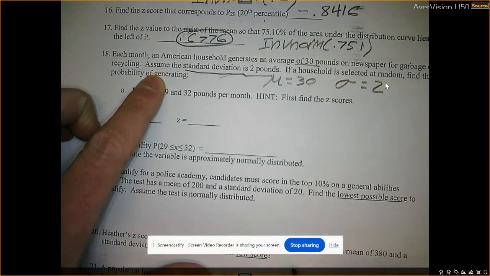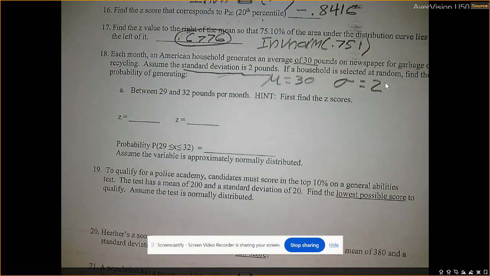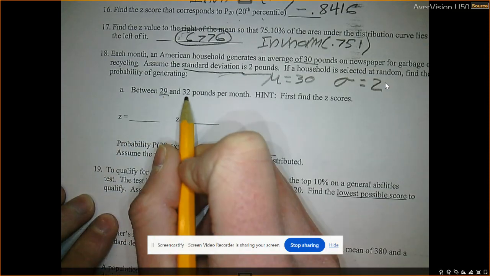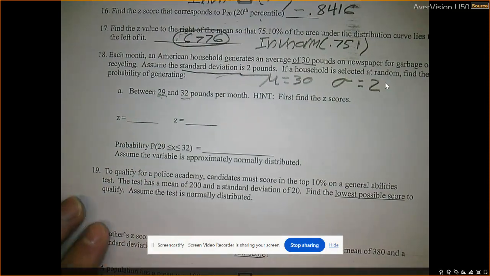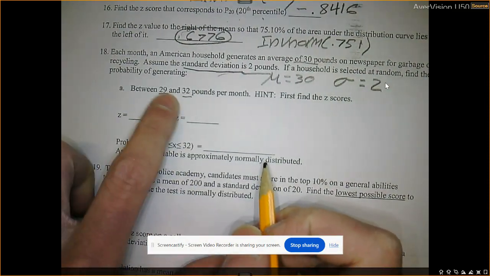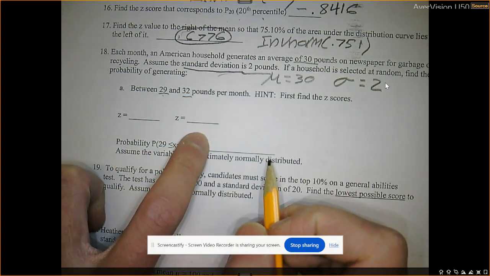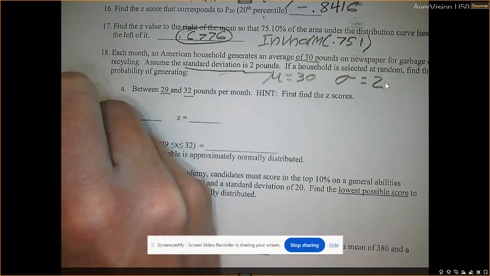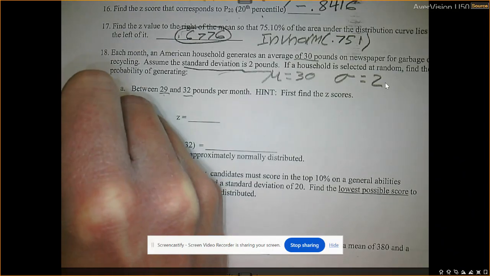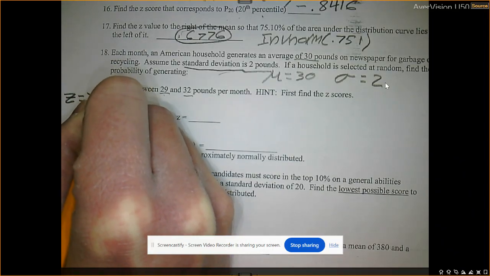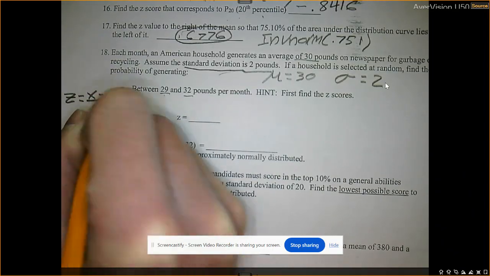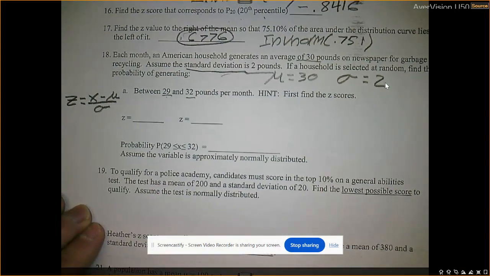If a household is selected at random, find the probability of generating between 29 and 32 pounds per month. Okay, so we're going to find the z-score that goes with 29. We're going to find the z-score that goes with 32. And in this, we are using the fact that z equals x minus mu over sigma, which we talked about way back in chapter 2.